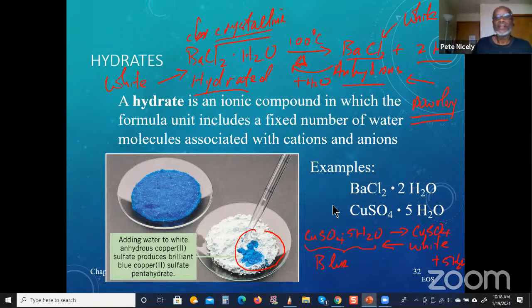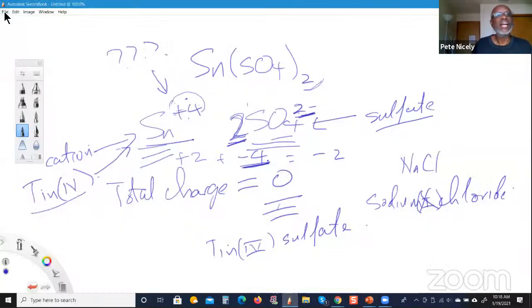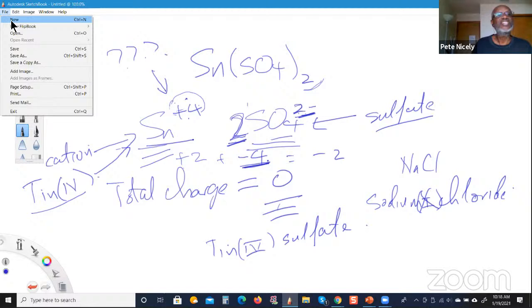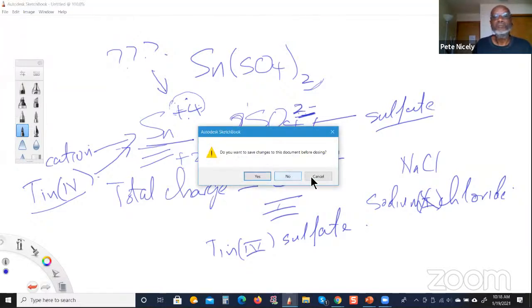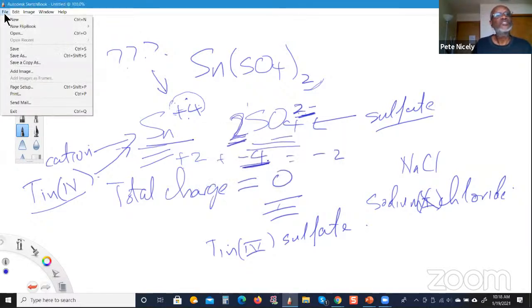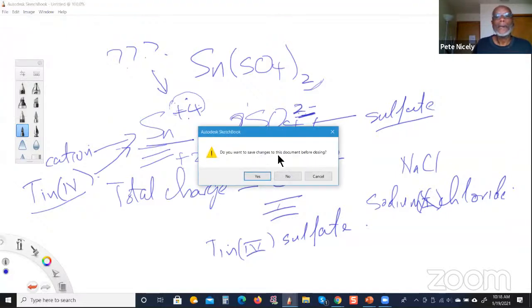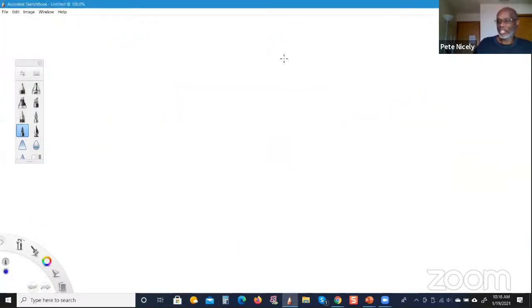Okay. Now, in terms of naming these compounds, the rules are very similar to what we saw earlier when it comes to naming ionic compounds, but you have to take into account the number of water molecules. So let me use the barium chloride example, BaCl2·2H2O.